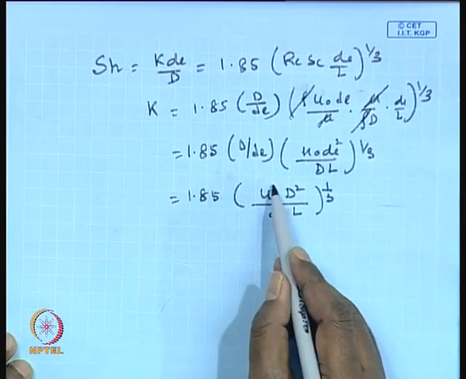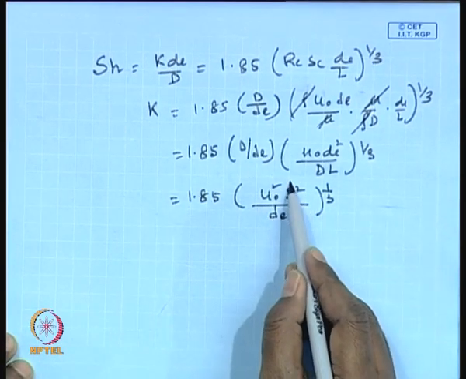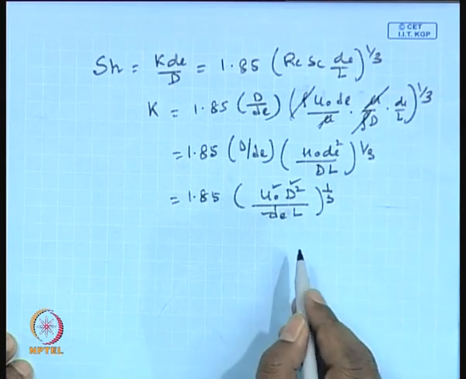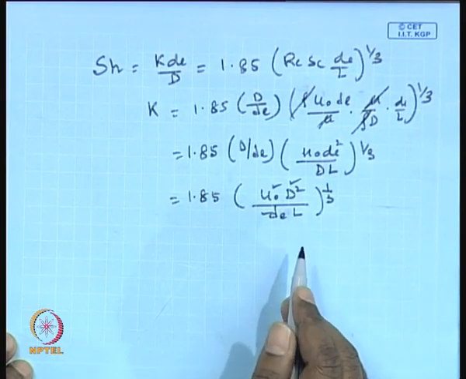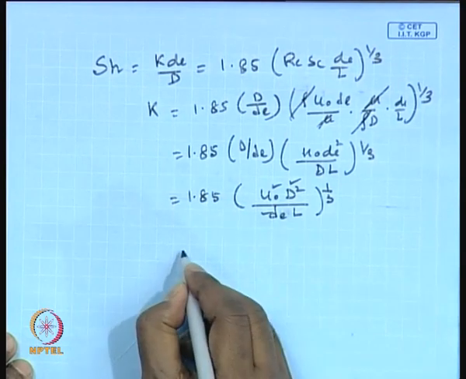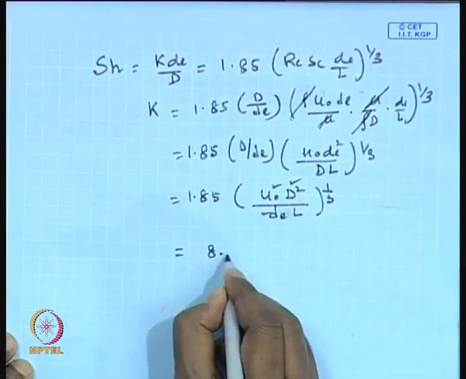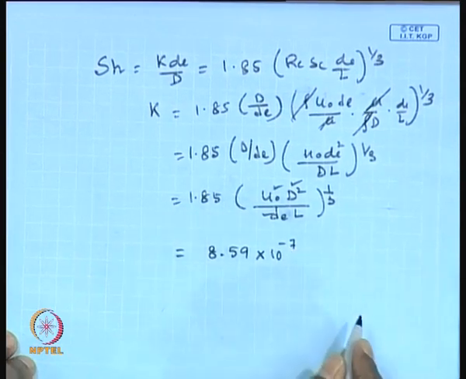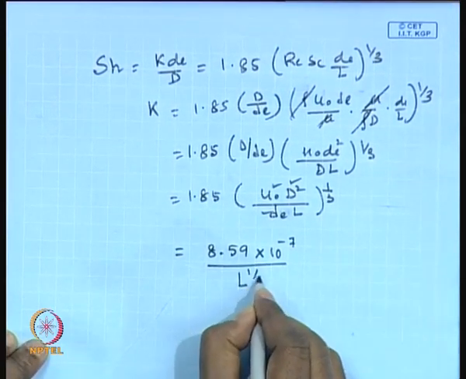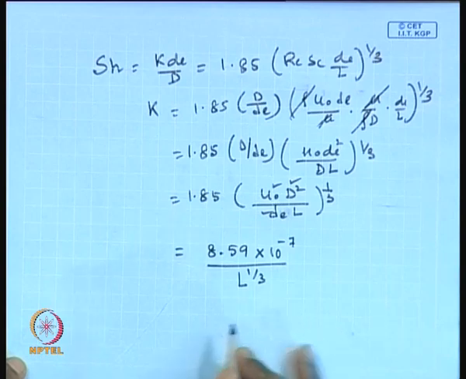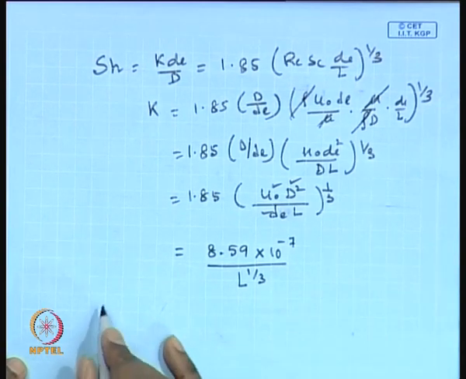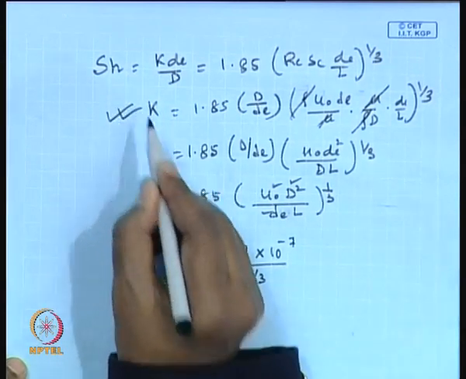Now, we know the values of u0, d and D, but we do not know the value of L, that we are going to find out. If you put in the values, it turns out to be 8.59 into 10 to the power minus 7 divided by L to the power 1 upon 3.